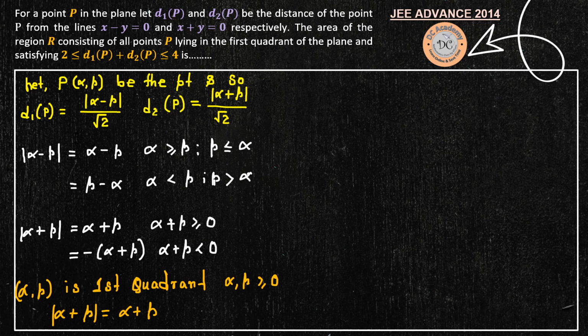Therefore, D2P we can directly rewrite as 1 by root 2 times (alpha plus beta), since the mod opened up directly because we are only talking about the first quadrant.